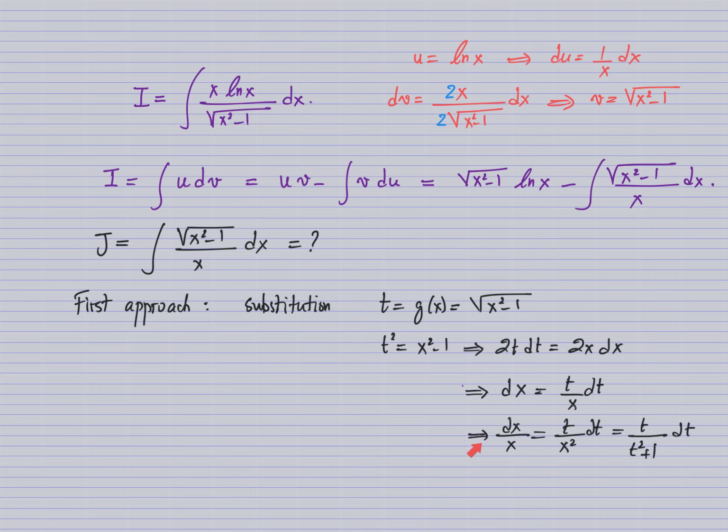Now, as we can see here, this substitution means that dx over x is t over t squared plus 1 times dt, which means that our integral J becomes the integral of square root of x squared minus 1, so this becomes t, times dx over x, which is t over t squared plus 1 dt.